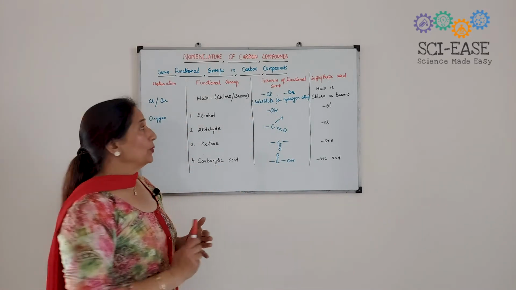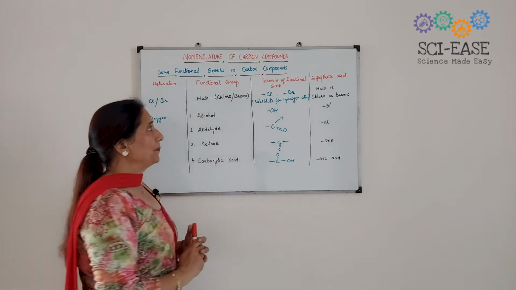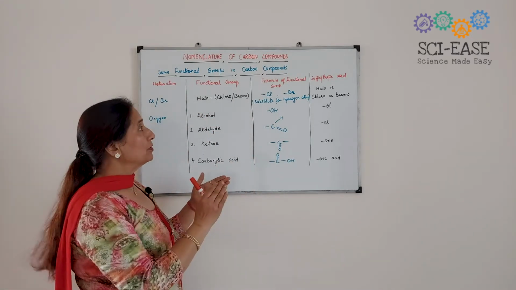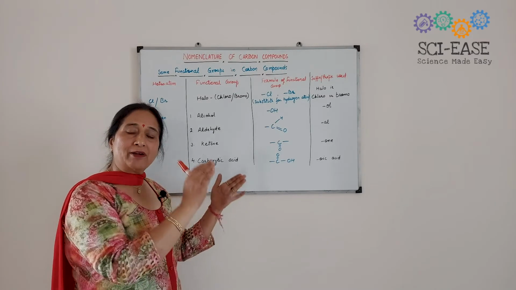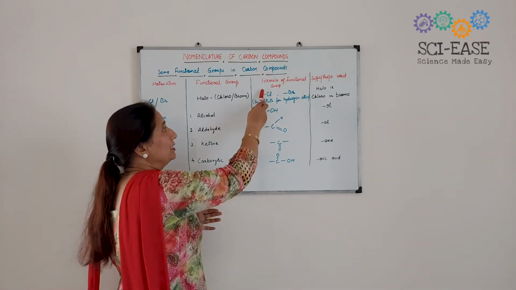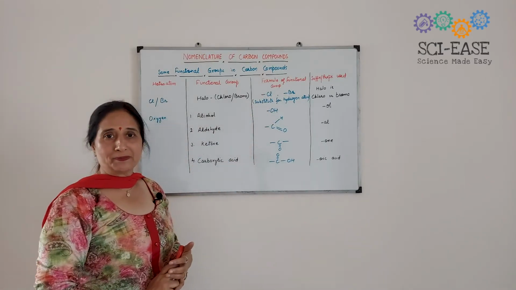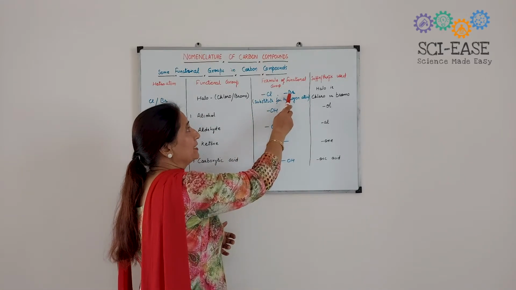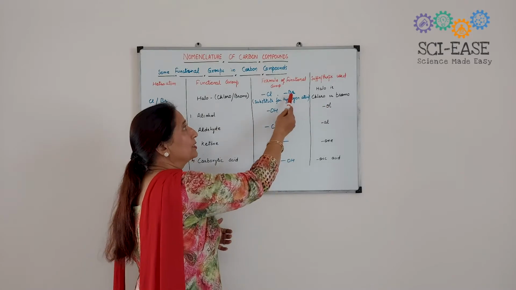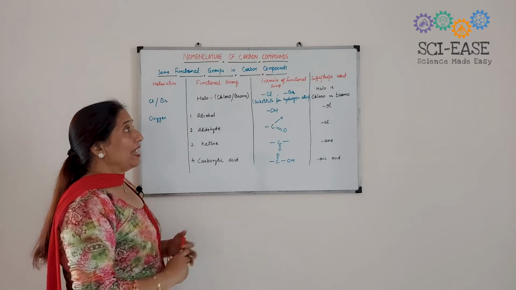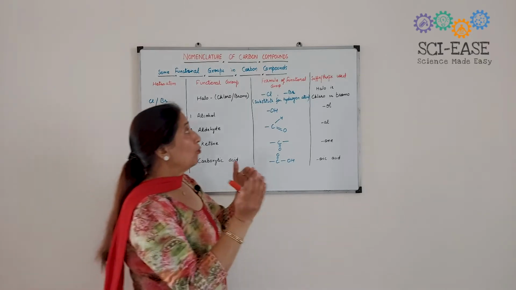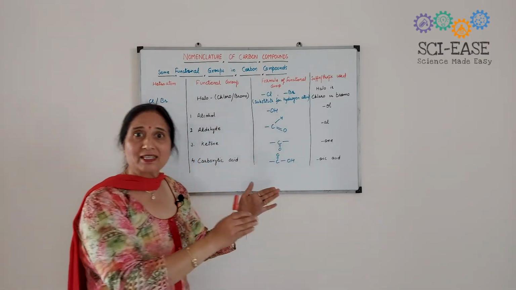If it is chloro, then Cl, it is the substitute for a hydrogen atom. We will replace one hydrogen atom with the halo group. If it is bromo, then we will put Br. And here what prefix? Here a prefix is used.